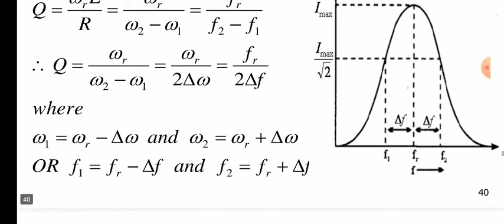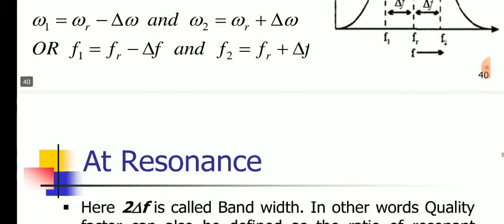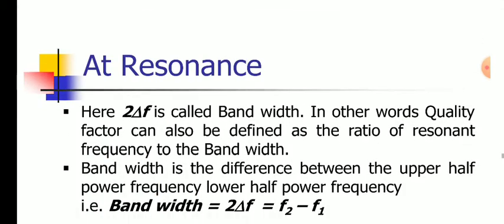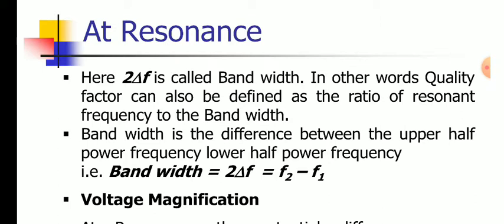What is delta F? It is the frequency difference between the resonant frequency and the lower half power frequency. Similarly, delta F is also equal to the frequency difference between the resonant frequency and the upper half power frequency. So here 2 delta F is called the bandwidth.